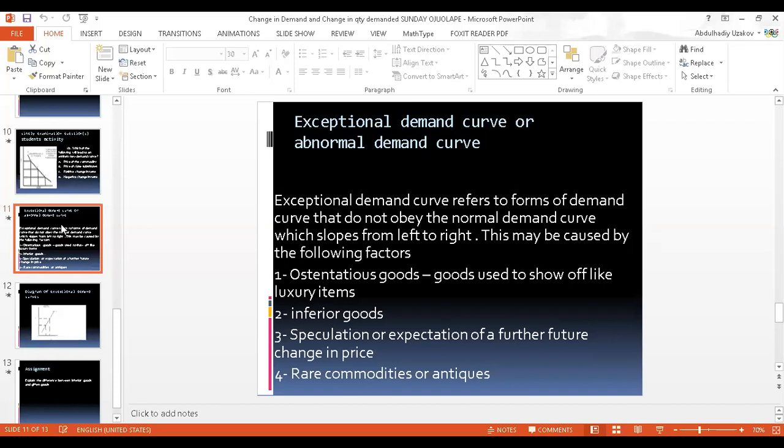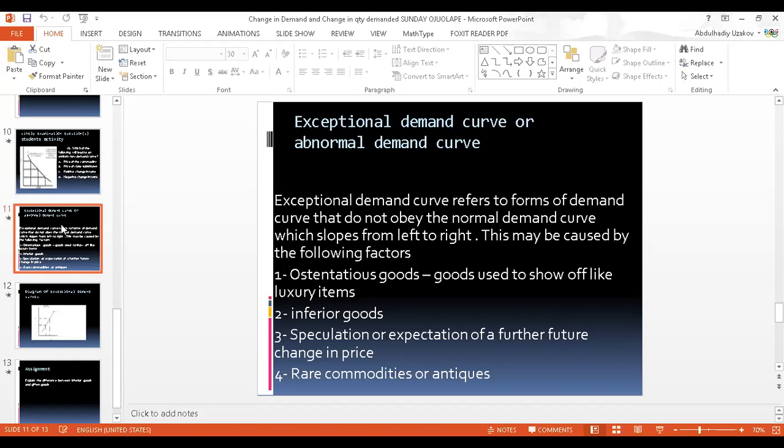Let me borrow from the current situation that we have in this country. There was a time, not quite long ago, maybe a month or 2 months back, when the price of a bag of rice was around 14,000, 15,000, 16,000. All of a sudden, the price started going up. Some people, even when the price increased from 15 to 16,000, 16,000 to 18,000, kept on buying in large quantities because they speculated, they were expecting a further increase in price.